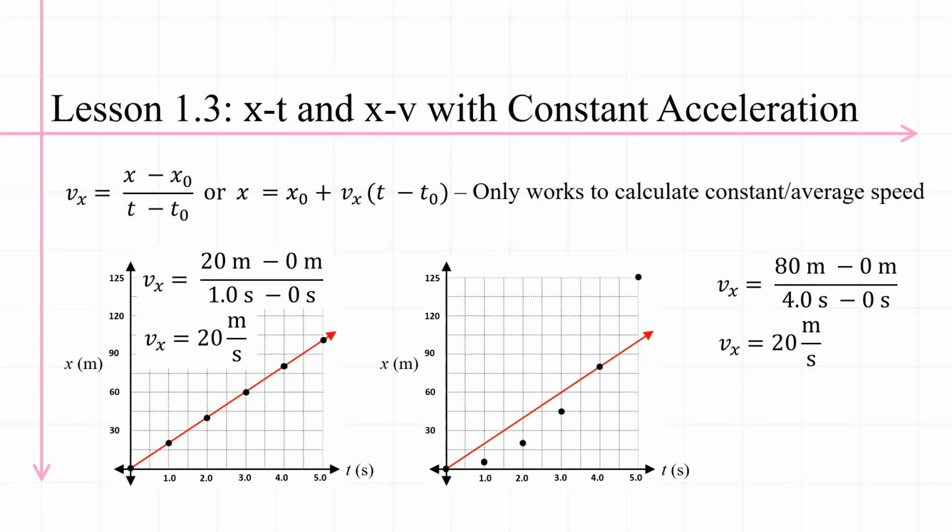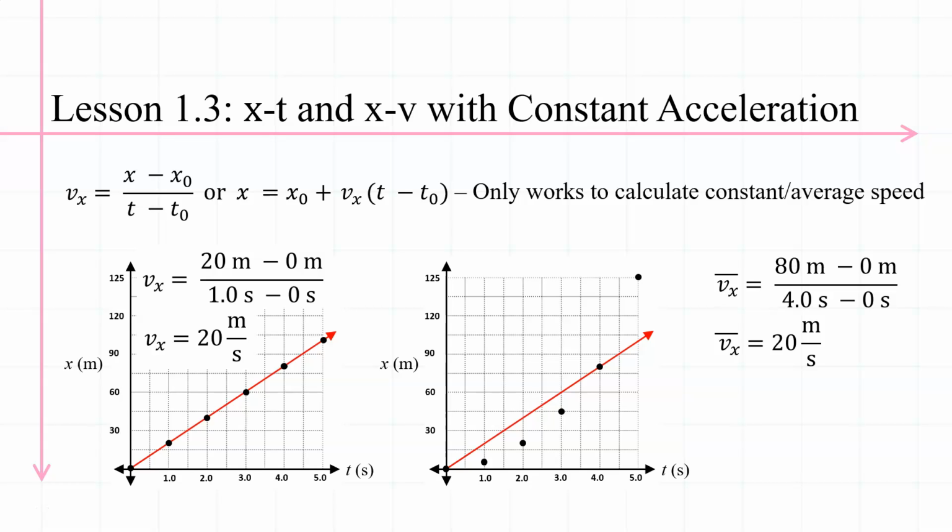I'm going to change the equations on the right to note that we're talking about an average velocity. And what you do is you simply draw a line over the variable to illustrate that we are calculating an average value, not a constant value, and this is only useful between the 2 points that it was calculated for.